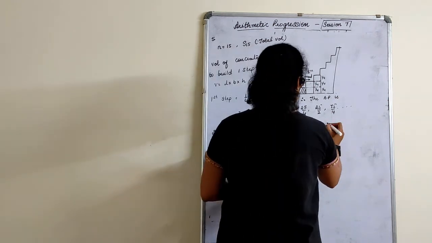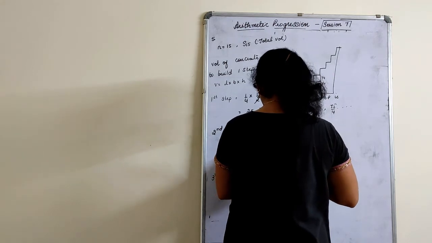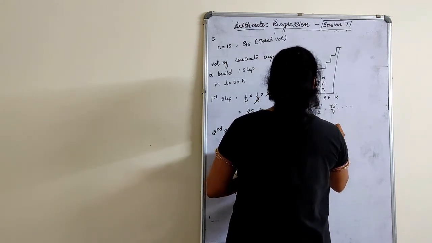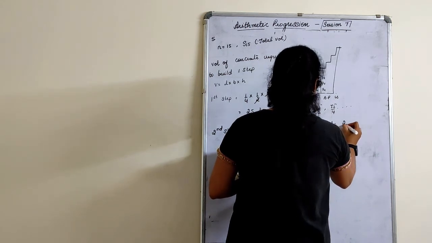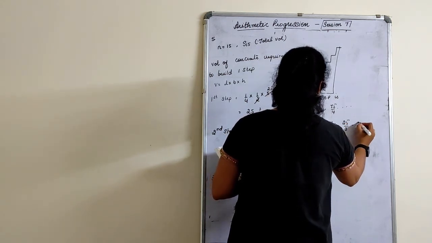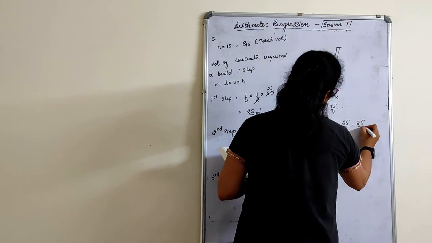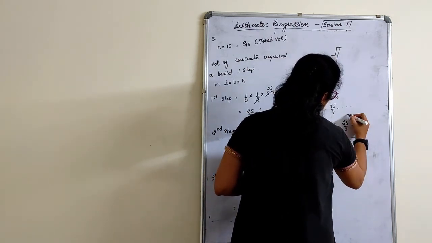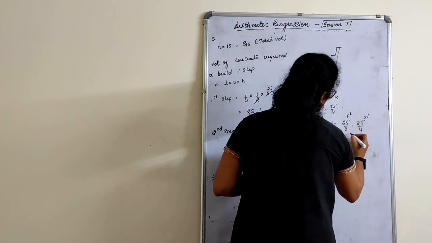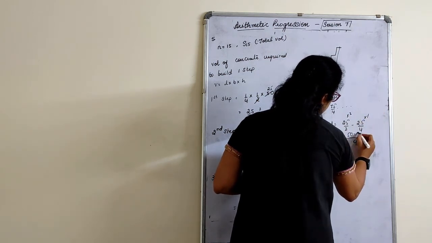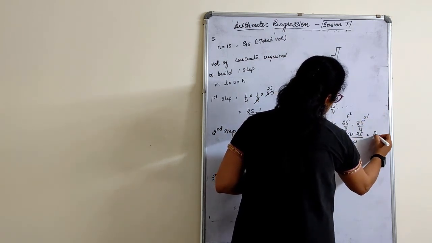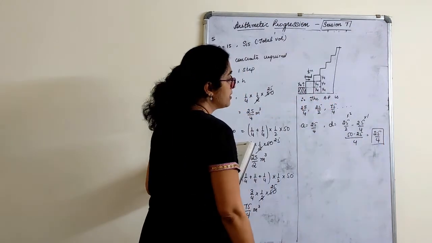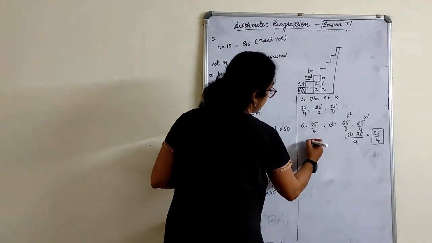The common difference you have to find here: 25 by 2 minus 25 by 4. So the LCM is 4. So 50 minus 25. So this is nothing but 25 by 4, which is the common difference. So n is given as 15.